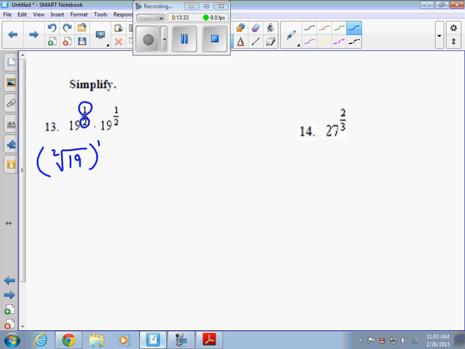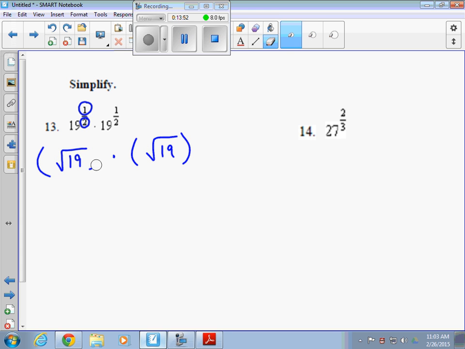That's the radical form. The reason it's easy to change this into the radical form is because you can see what it is a lot easier. Times the same thing, the square root of 19 to the first power. There's no reason to write the square root, and there's no reason to write the first power.